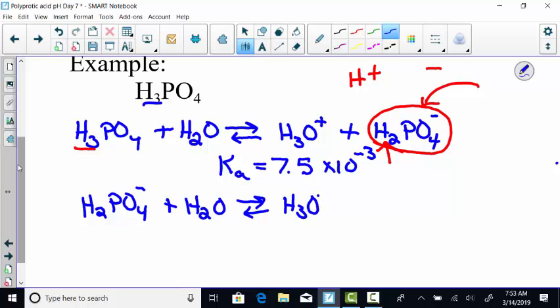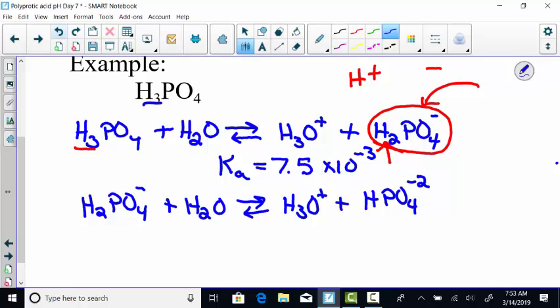So I'm going to get yet another hydronium ion. That means between these two, our hydronium ions have increased, haven't they? Now, that leaves us with HPO4 with what charge? And it should be minus 2.